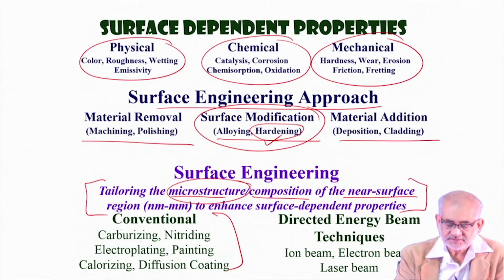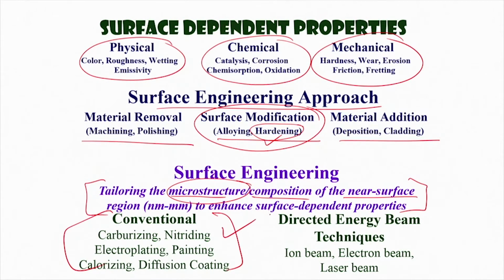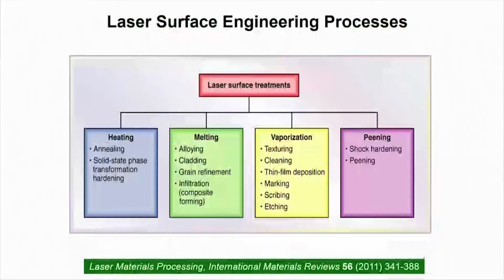So we are not discussing the conventional processes. We have already done it at length in the past. We are not even considering ion beam or electron beam. We are considering only laser beam, which is a direct energy beam, as a clean source of non-contact heating.